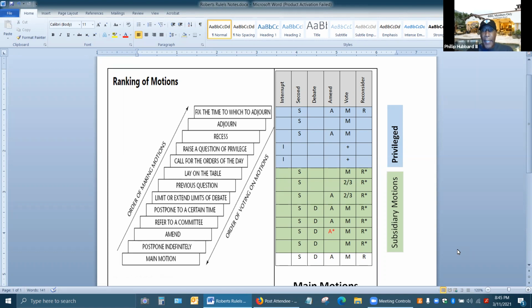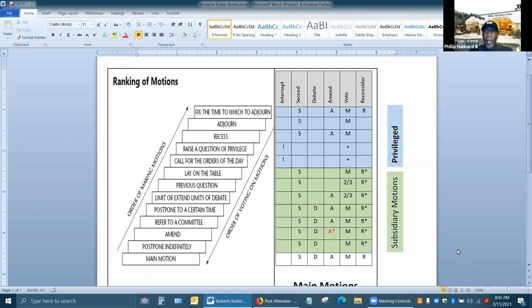Refer to committee. Again, it's another subsidiary motion. Refer to committee is when there is a motion on the floor and the assembly, and usually it's the assembly, feels as though there's some more information that needs to be discussed with this motion outside of the assembly. Facts need to be gathered, something needs to be done, and then we refer that to a committee.